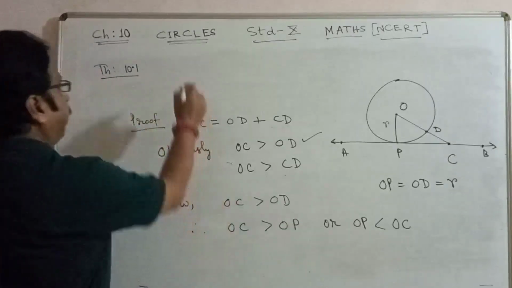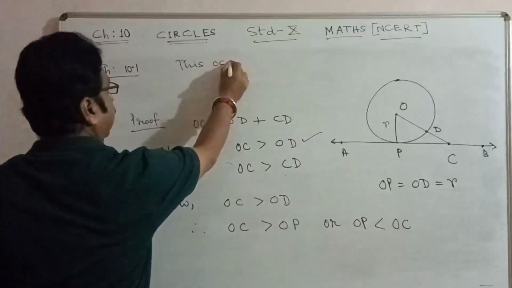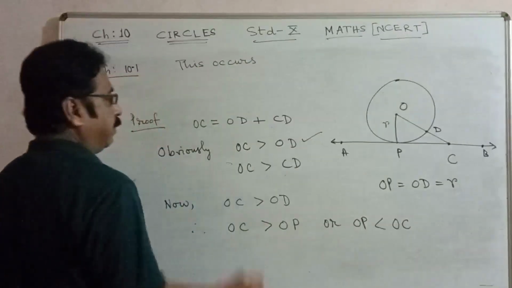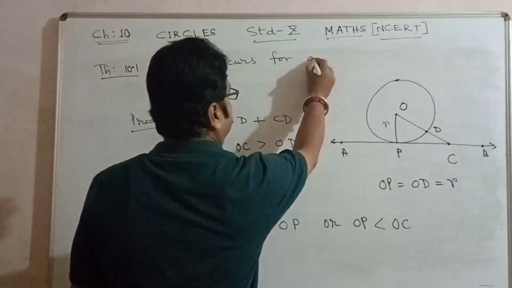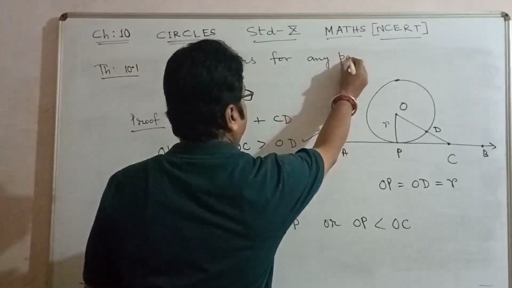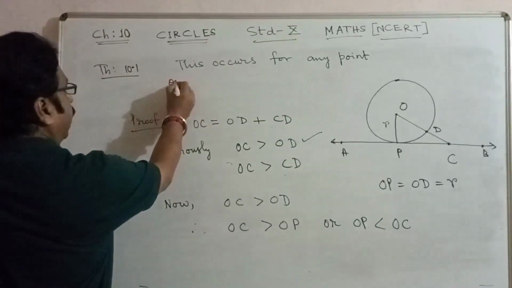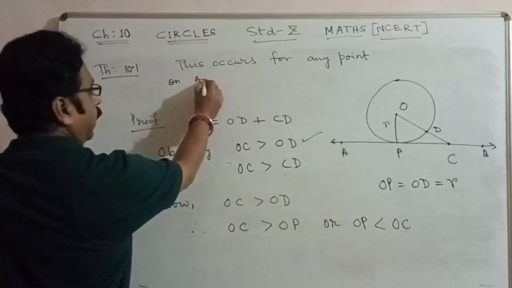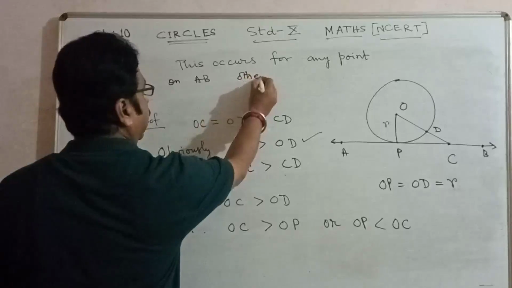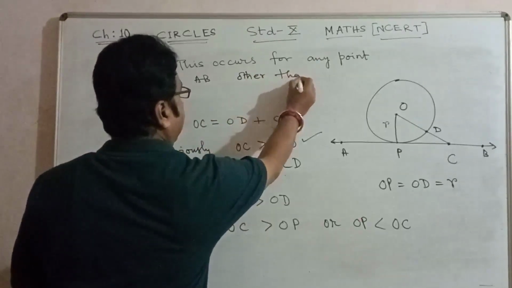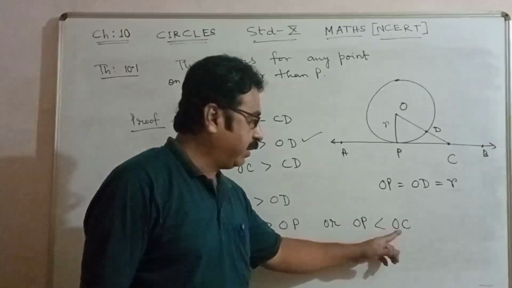This occurs for any point on AB other than P. OP is less than OC.